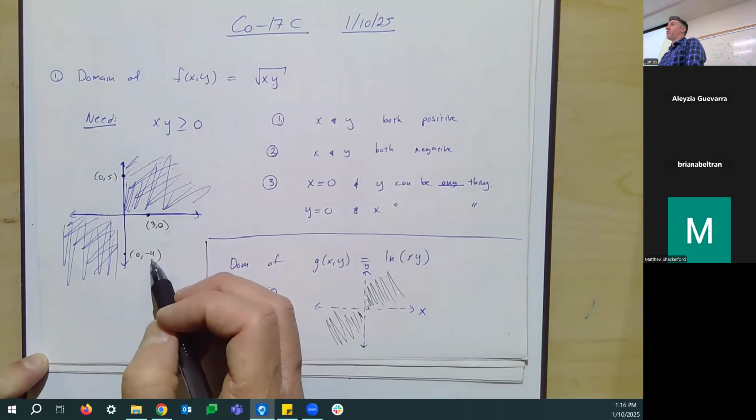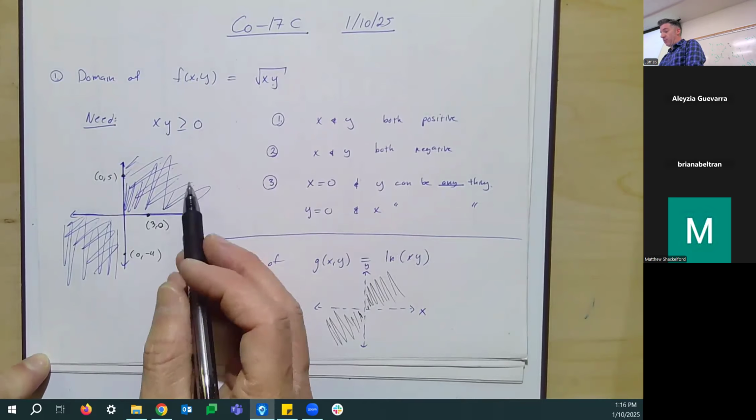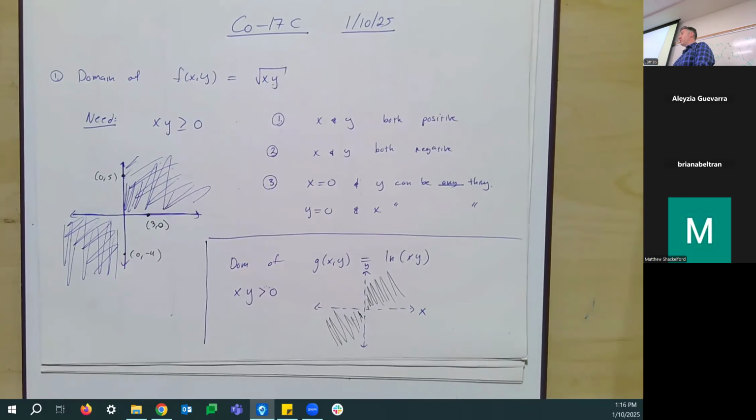Or 0 times negative 4 is 0 and the square root of 0 is valid. Any point on these axes gives you a product equal to 0, and we can take the square root of 0. On the other hand, with this extra problem, any of those points would no longer be valid, because the product of 0 and something else is 0, and the natural log of 0 is not defined. So they would not be valid.